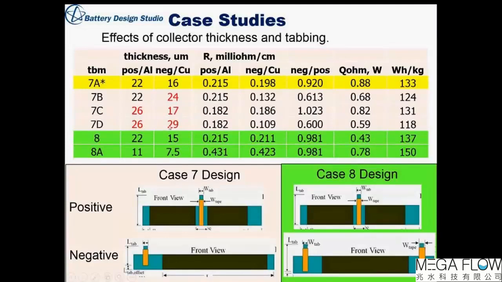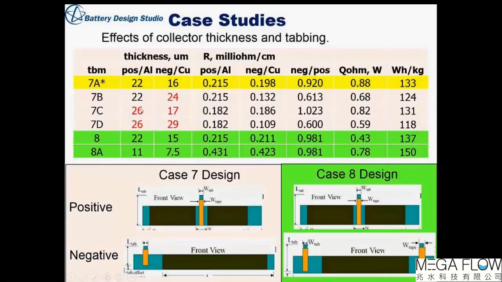So another thing would be to increase the thicknesses of the current collectors, so we reduce their resistance but this time keep our same ratio of 0.6. And if we do that, now we see a very significant impact in the ohmic heat generation, and unfortunately also a big impact on our energy density.